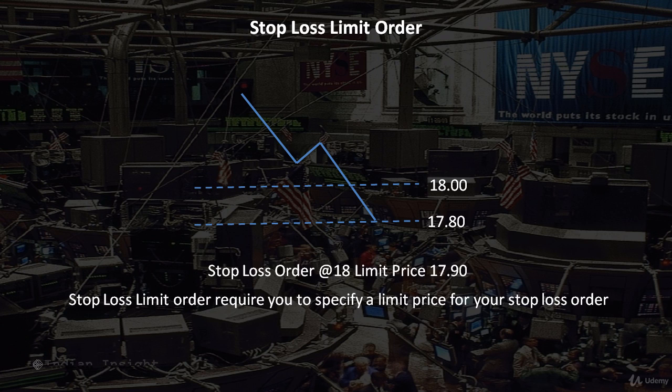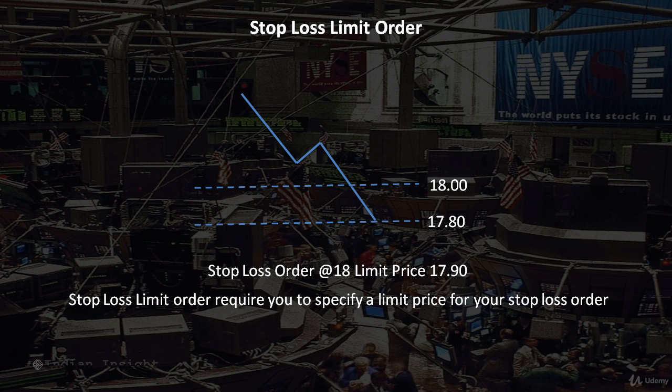Stop loss limit order allows you to specify a limit price as well. For example, in case of the long trade, you may place a stop loss limit order with a stop loss price at 18 and limit price at 17.90. This will instruct the broker to get you out of the trade once your stop loss price is hit, as long as he is able to get a fill at or above 17.90.